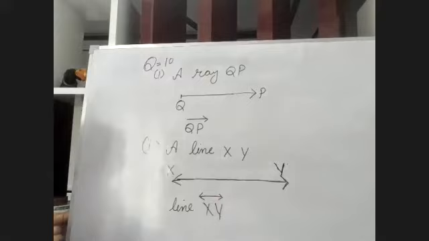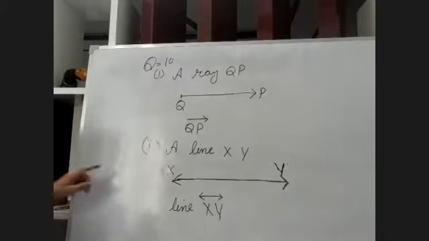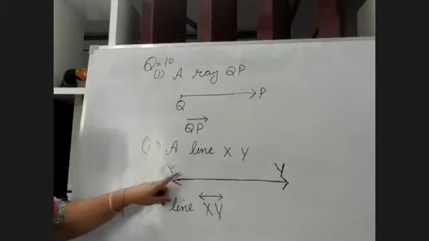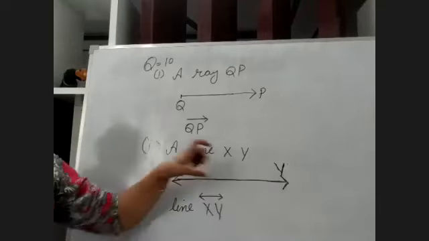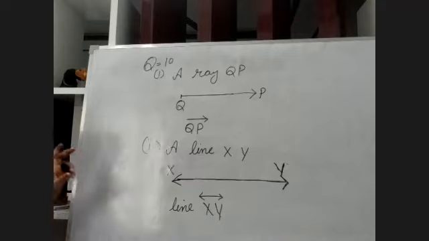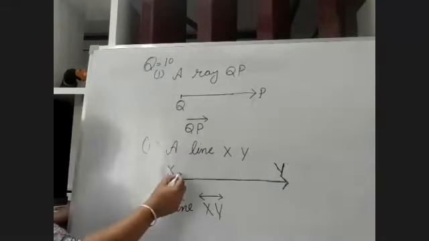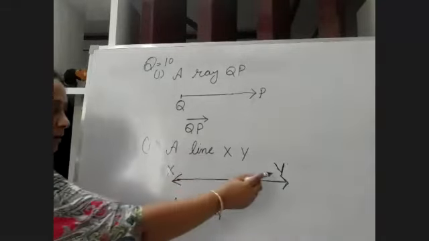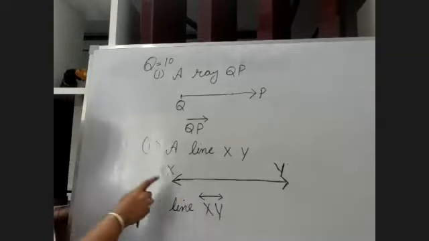Yes, friends, as you know, a line does not have an initial point or end point. So we can extend this line in both directions. So draw a line, then put 2 arrows. It means you can extend this line in both directions.